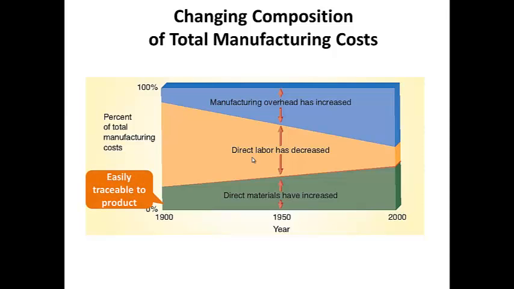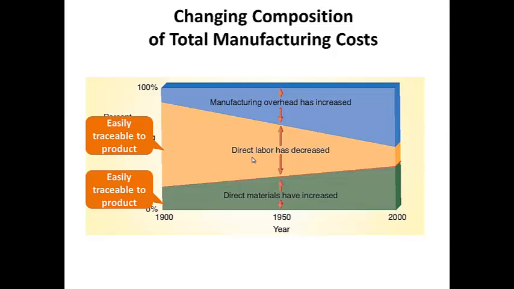Direct materials are easily traceable to the product, and direct labor is easily traceable to the product because the product obviously incorporates the materials, and the direct labor is the labor that works on the product. So we can trace that to the product pretty well. But our problem is with manufacturing overhead.